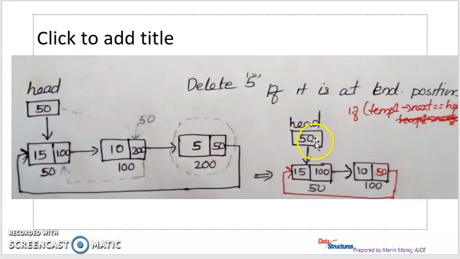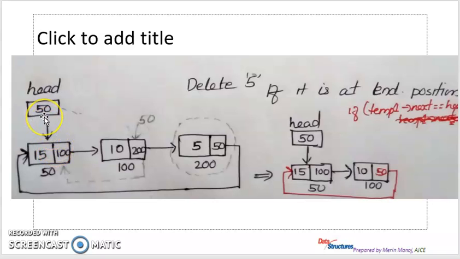For the head there are no changes, but this node right now is pointing to the address 200, and this 200 node has been deleted, so there is no significance of 200 after deleting it. So it has to be changed to the present first node.